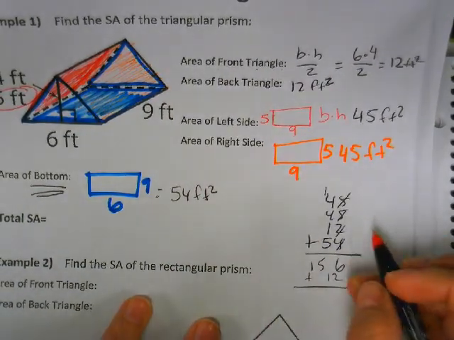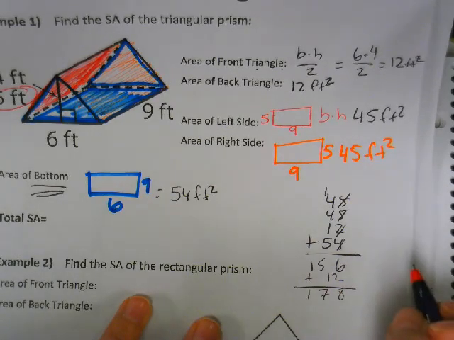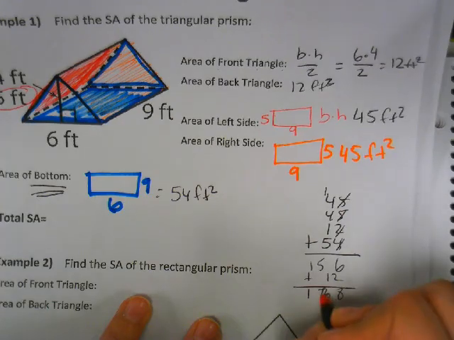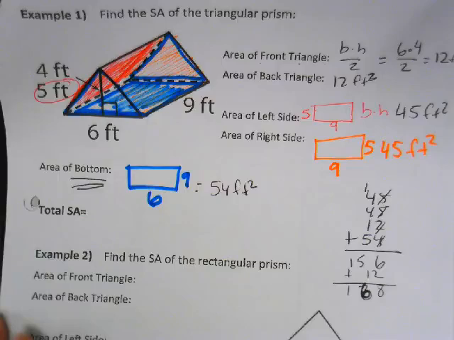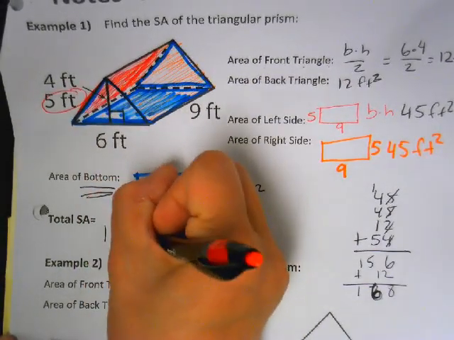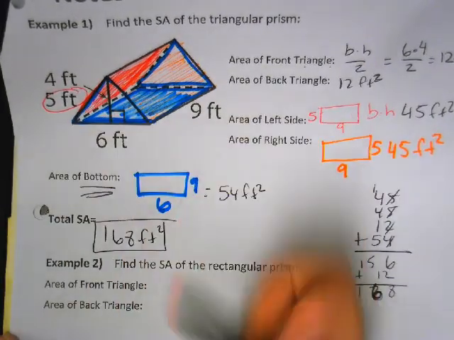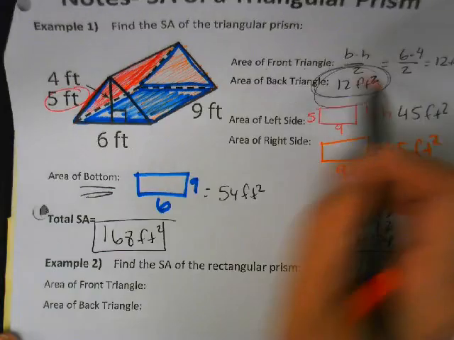You're right. I'm wrong. 168. I know how to add. Surface area is 168 feet squared. So I add all the numbers and I forgot that 12.